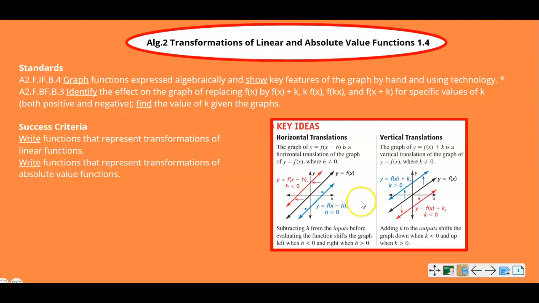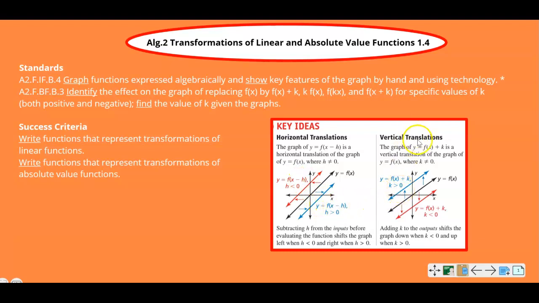All right, a couple key ideas. Here, horizontal translations, you can see what's happening. It is moving left or right, which is your horizontal or along your x-axis. When that happens, that's going to be a movement next to your x. You can see the h is inside parentheses, so it's x minus h in both of these cases.